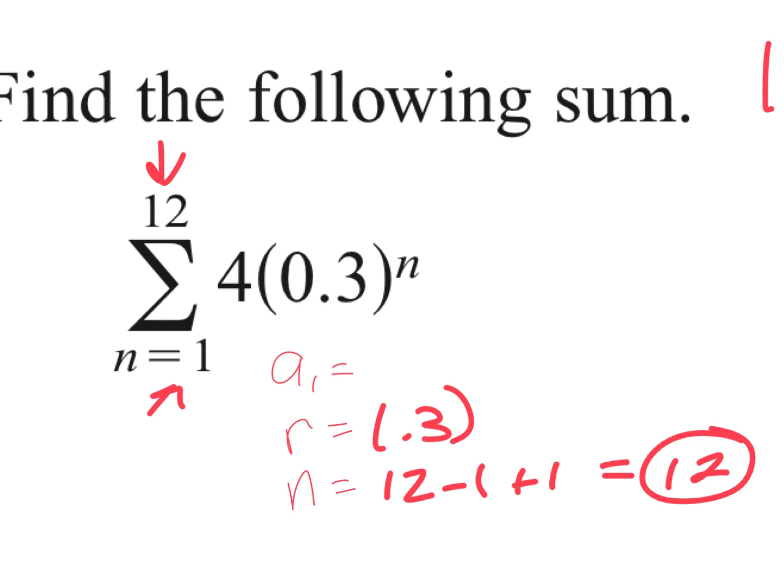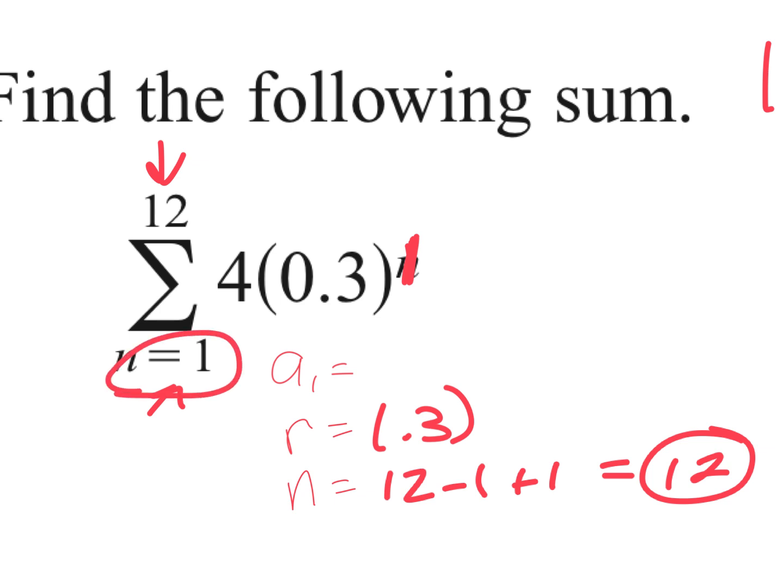And how would you find the first term? Okay, well, but why are you multiplying those two together? How would you find the first term? You plug in 1. Why am I plugging in 1? What does it tell me to start with? 1.